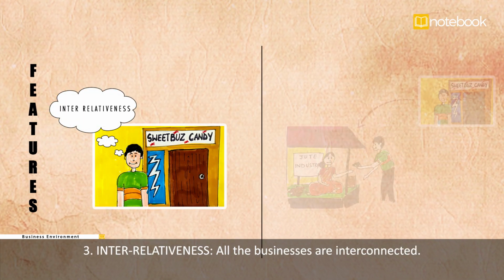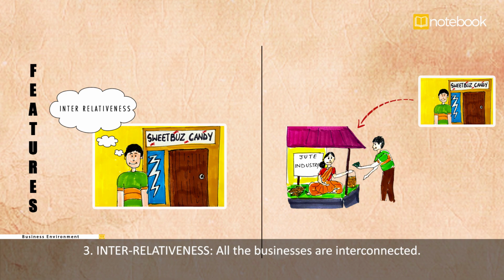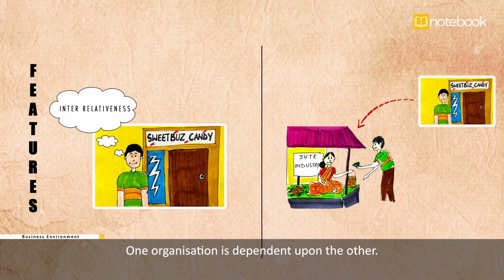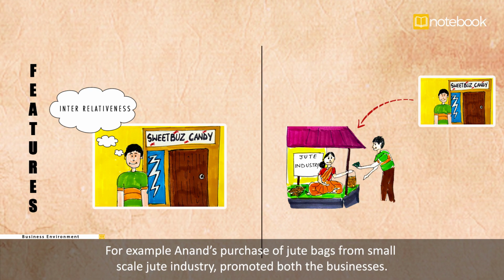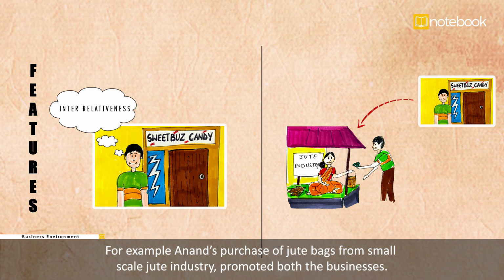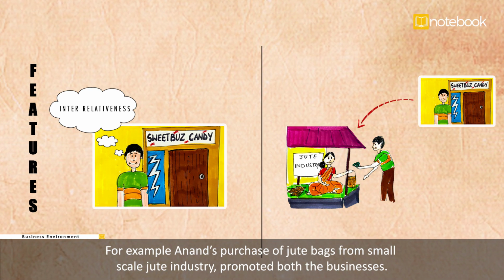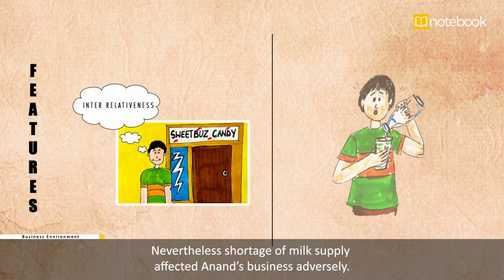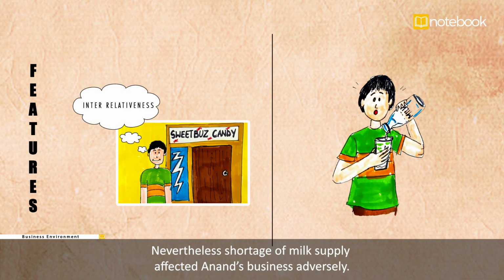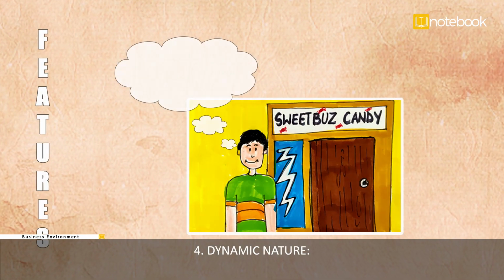Interrelativeness. All the businesses are interconnected. One organization is dependent upon the other. For example, Anand's purchase of jute bags from small-scale jute industry promoted both the businesses. Nevertheless, shortage of milk supply affected Anand's business adversely. Dynamic nature.